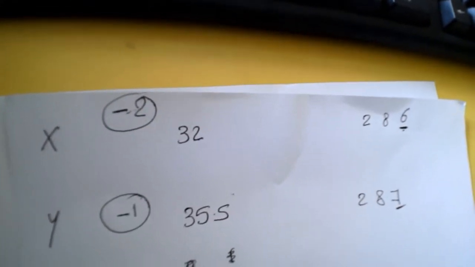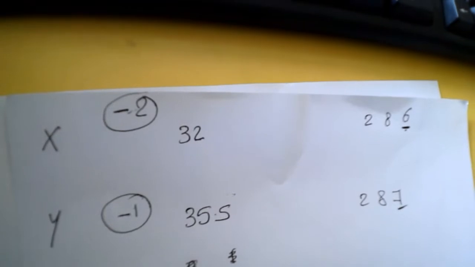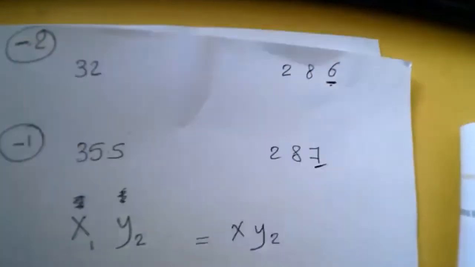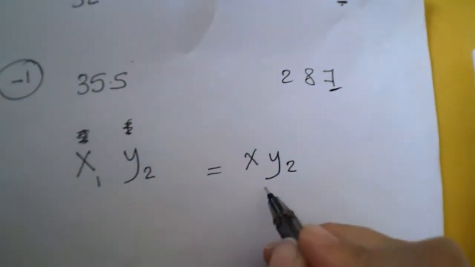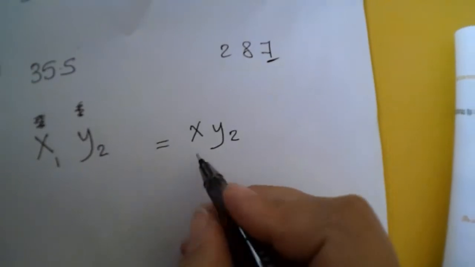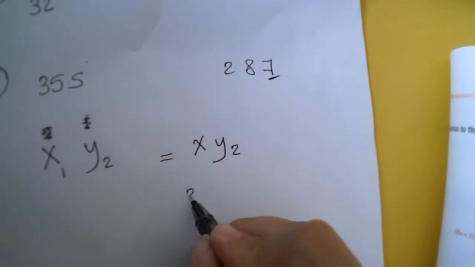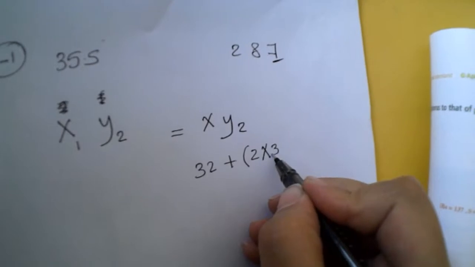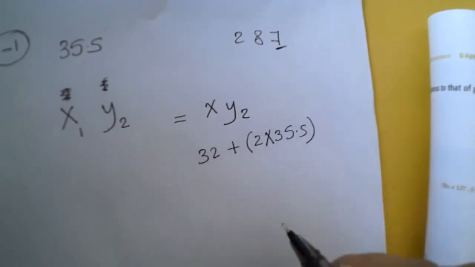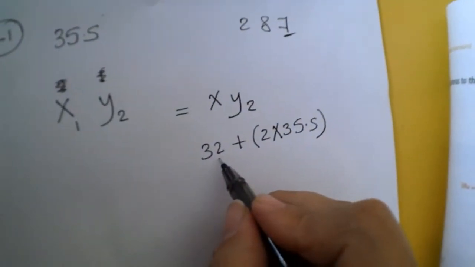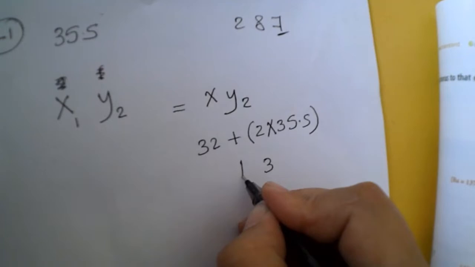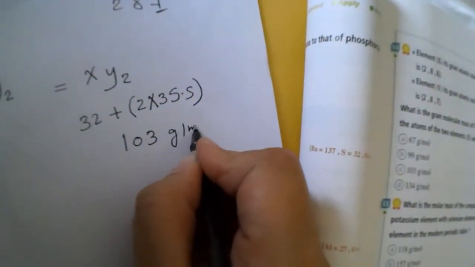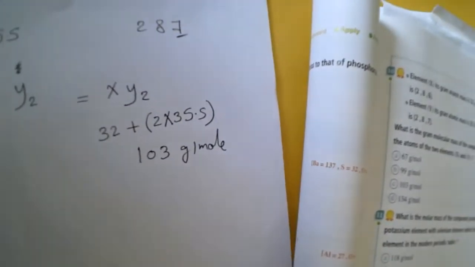So it's gonna be XY2. Substitute each one with its gram atomic mass. So it's 32 plus 2 times 35.5, 71 plus 32, it's 103 gram per mole.